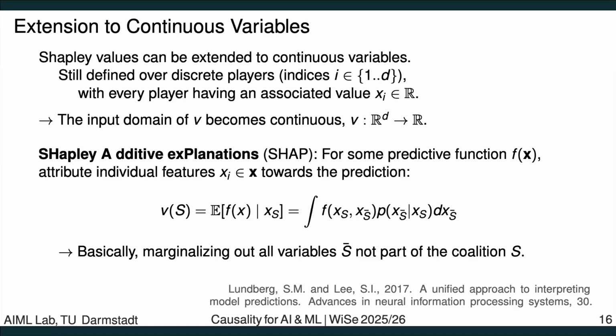I'm not sure. I mean, this integral here reduces dimensionality by marginalizing out all the features that are not in the coalition, but the problem is that's the expensive part, right? It's an integral over continuous variables.